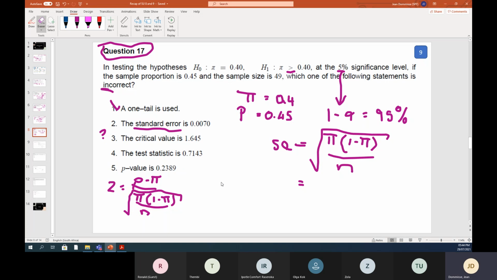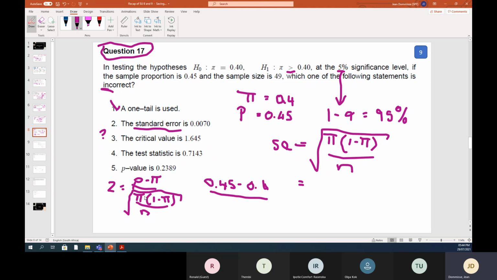So here I would have said 0.45 minus 0.4, and then that divided by what we're going to work out here. Let's see what the difference in the answers is as well.